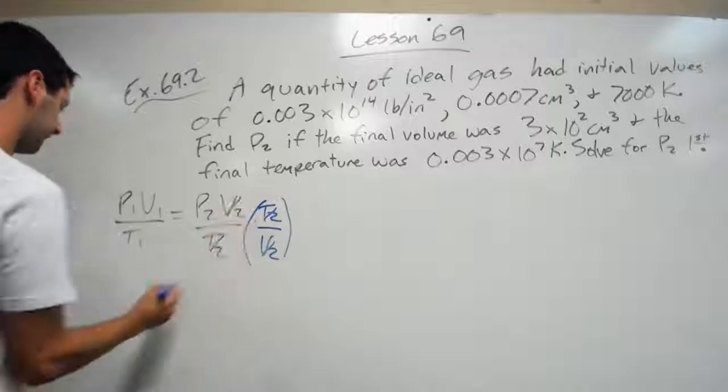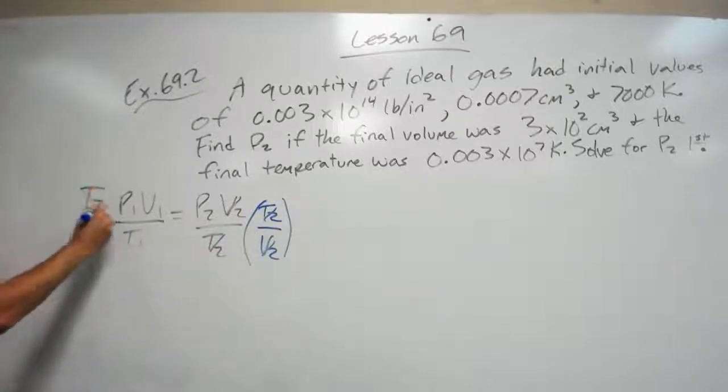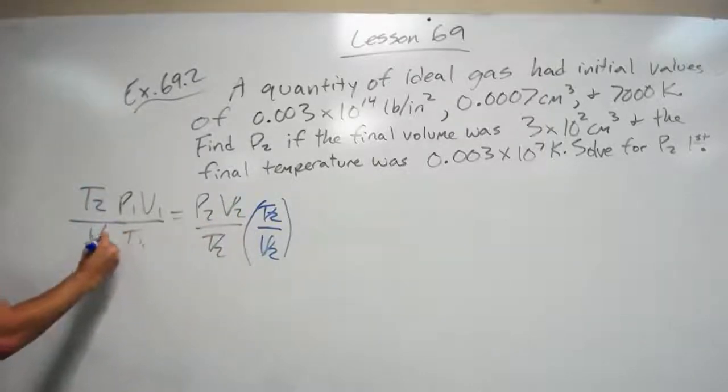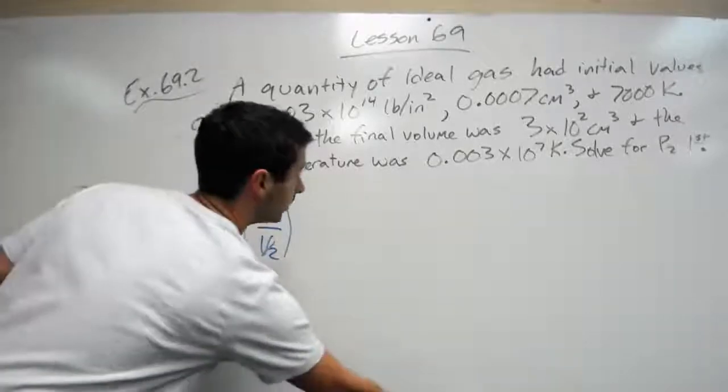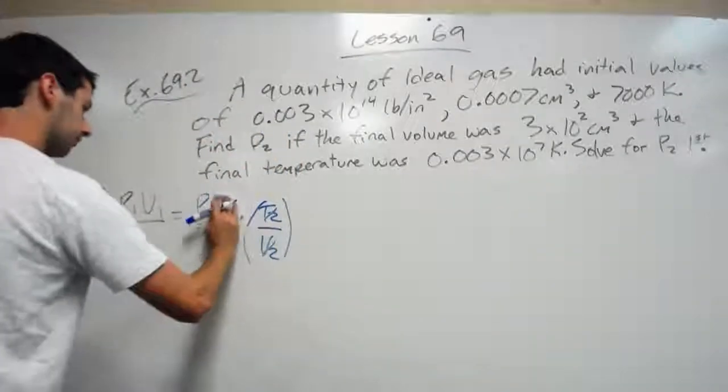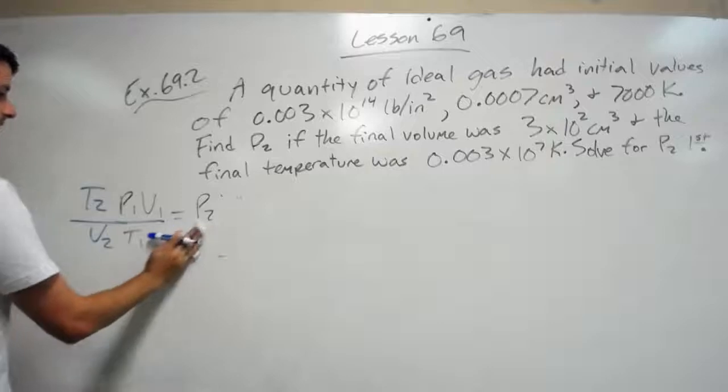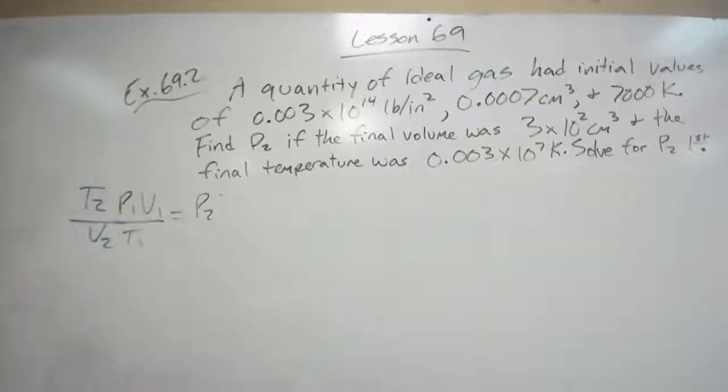We do it to both sides and get T2 over V2. So now we have solved for P2 and we can plug everything in. That's all you're looking to do. That's easy. Nothing to it.